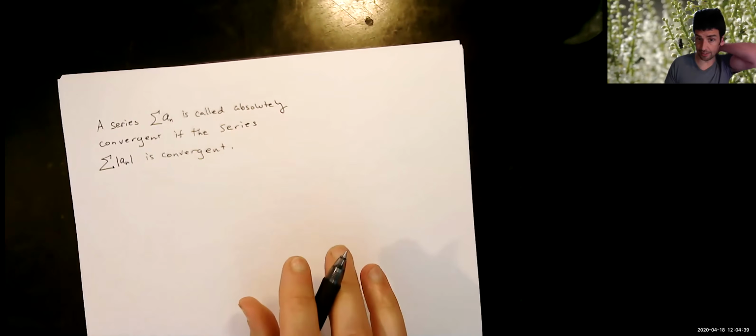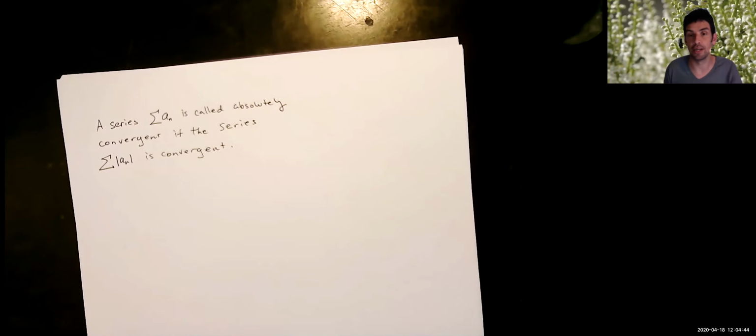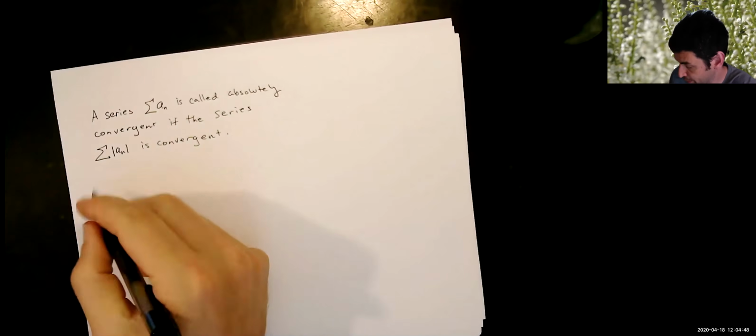All right, so if you can take a series and take the absolute value of its terms and make it convergent, then we call it absolutely convergent. So let's just do two quick examples.